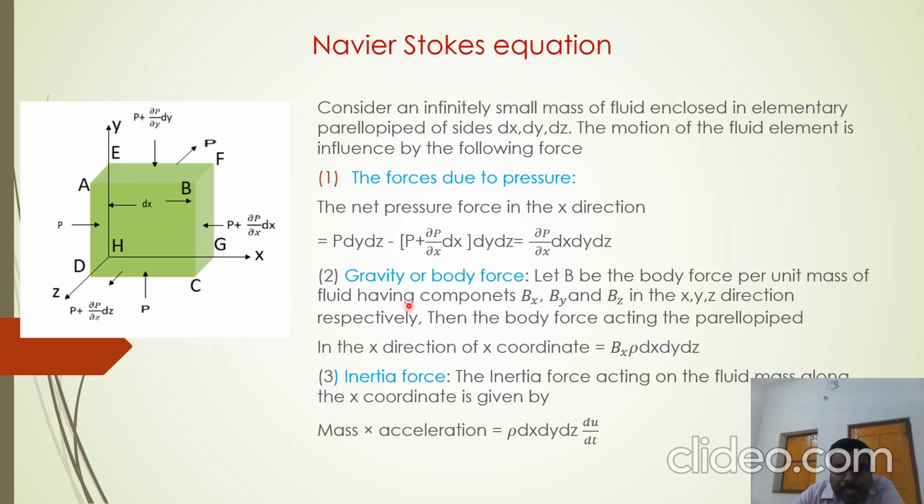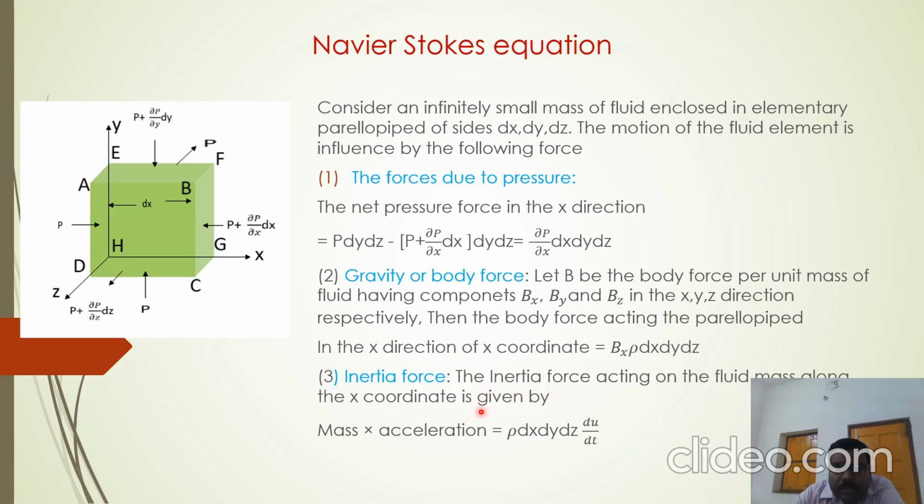Next is gravity or body force. Let B be the body force per unit mass of fluid, having components Bx, By and Bz in the x, y, z directions. Then the body force acting on the parallelepiped in the x direction is Bx times rho dx dy dz. Here rho is the density of the fluid.